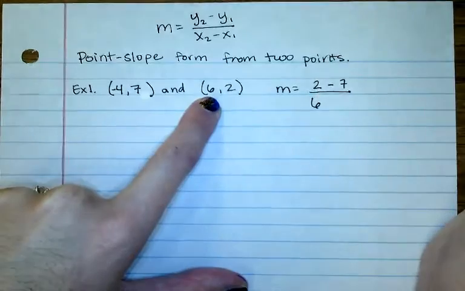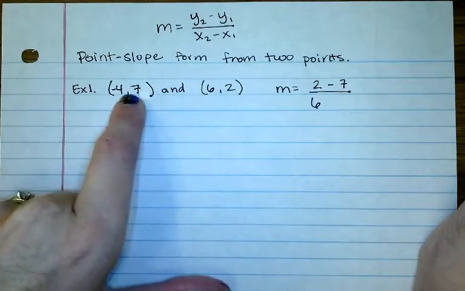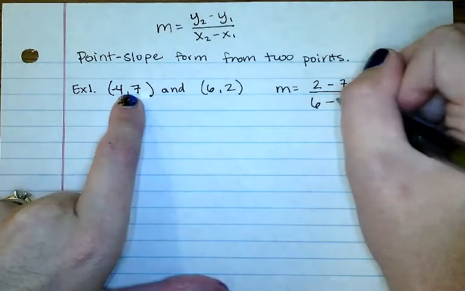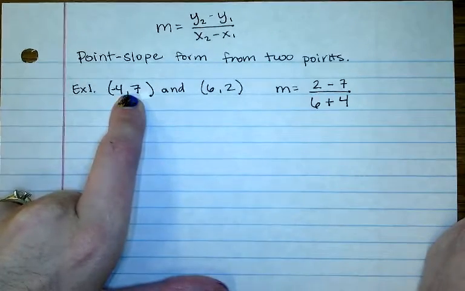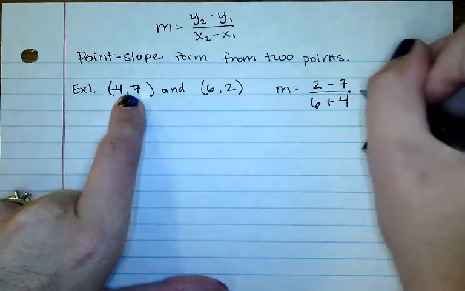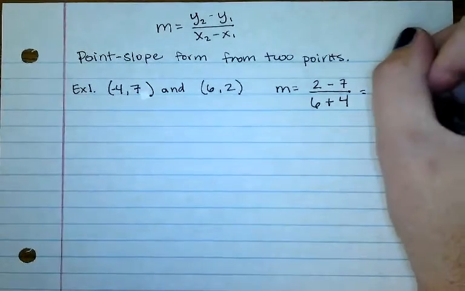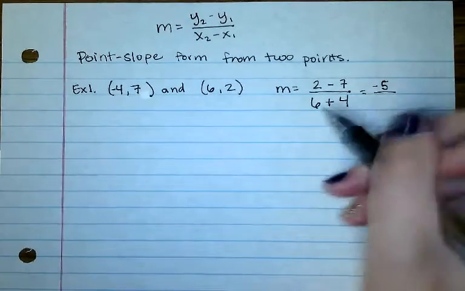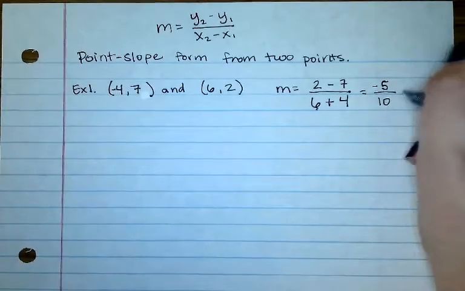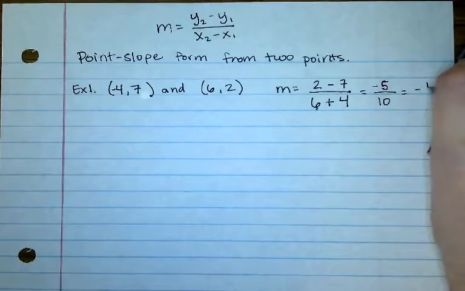Do y'all feel good with that? So this is going to be -5 over 6 plus 4 is 10. So my slope is going to be -1/2. So now, do we have a slope? Yes, we do.